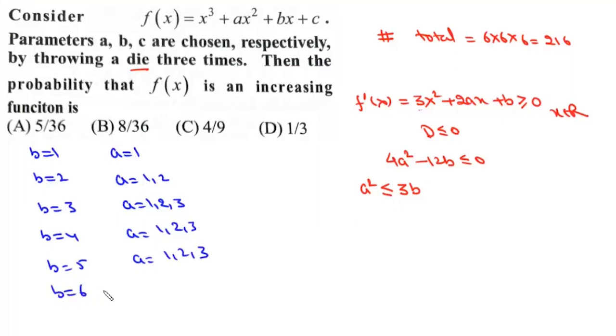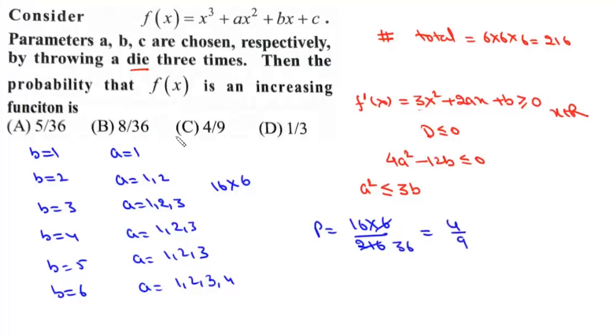And if b is 6, value of a will be 1, 2, 3 and 4. So altogether we have these 16 cases, and in each case we can have 6 different values of c. So it will be 16 into 6. So this required probability will be 16 into 6 divided by 216. Now this is 4 by 9, and that's your option C.